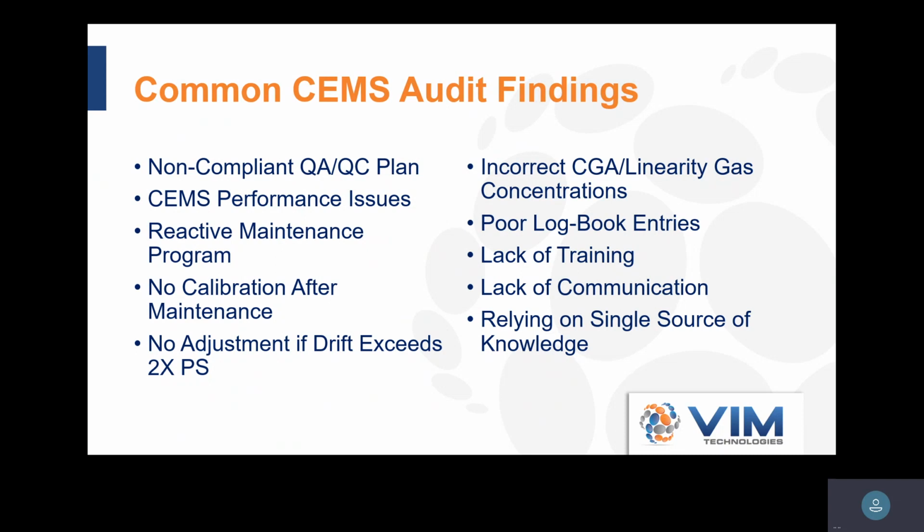So the linearity check is from Part 75. And then the cylinder gas audits are for Part 60. So they're real similar. The linearity test just has one more gas. So a lot of the refineries, you might have Part 75 on the boilers. That's what I've seen. Poor logbook entries, no logbook entries, I come across that quite a bit.